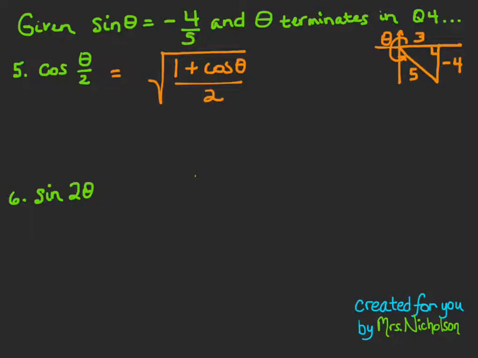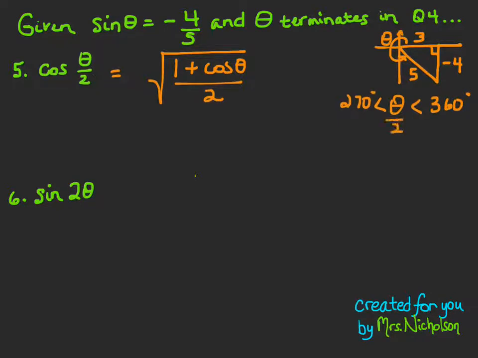I've got an angle in quadrant 4. If I divide that angle by 2, which is what we're doing in number 5, it's the angle theta divided by 2. If I have an angle in quadrant 4, that means that theta has to be somewhere between 270 and 360 degrees.